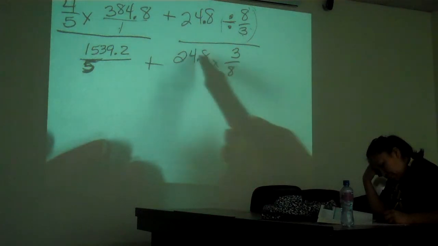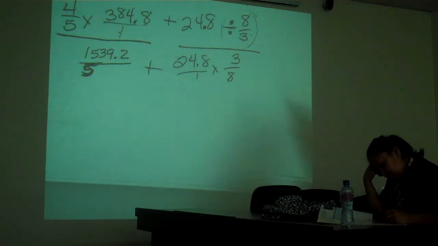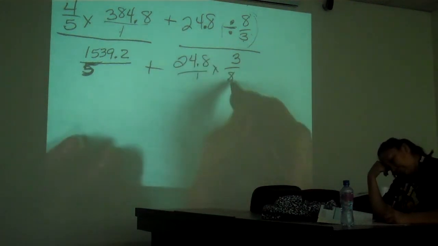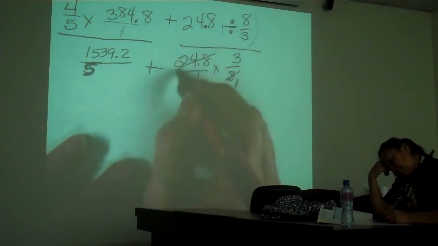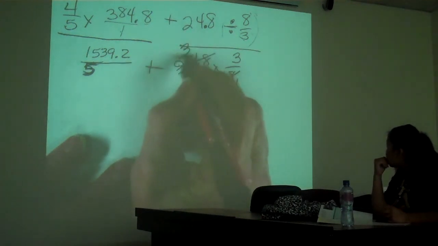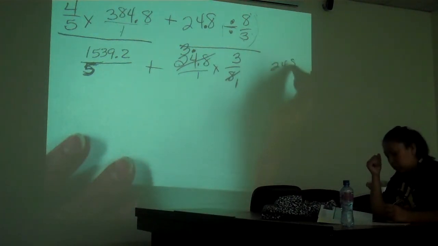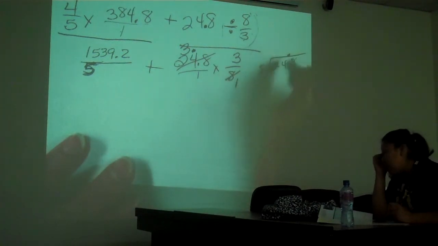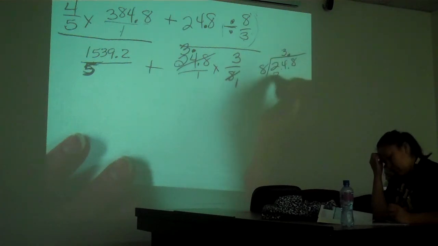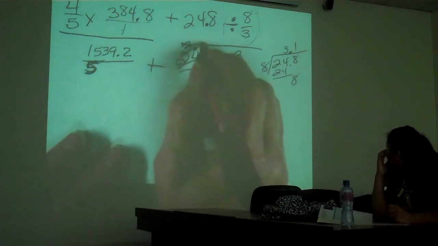Okay? 8 will divide. That will make it easier. We can divide 8 into this. Divide by 8 is 1. Divide this by 8. 8 into 24 is 3. And then 8 into 8 is 1. 3.1.